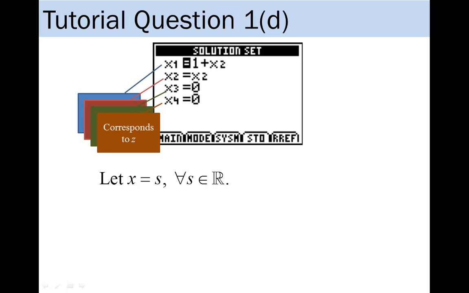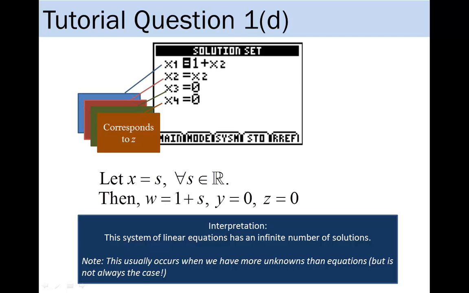From the first line, which says x1 equals 1 plus x2, w equals 1 plus s. From the third and fourth lines, y equals 0 and z equals 0.